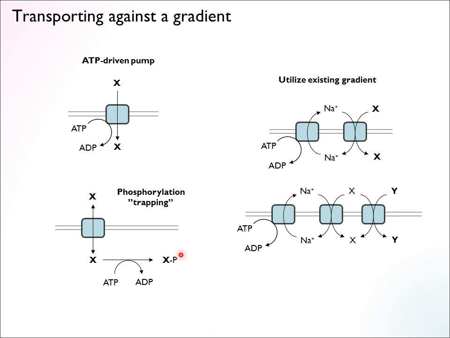We have much more of this product than we have of the substrate, because we're using ATP to make sure that the reaction is driven far in this direction. And so that's one way of creating a kind of gradient, or should we call it maybe an imbalance between the substrate and products.